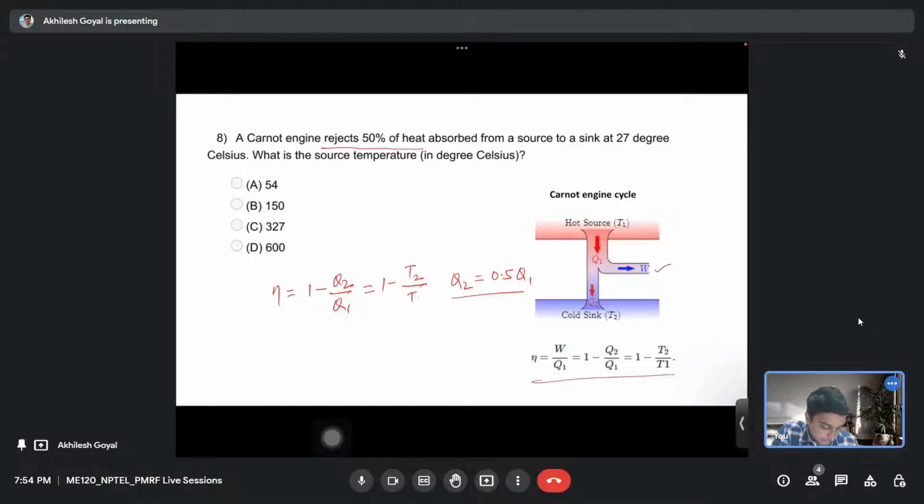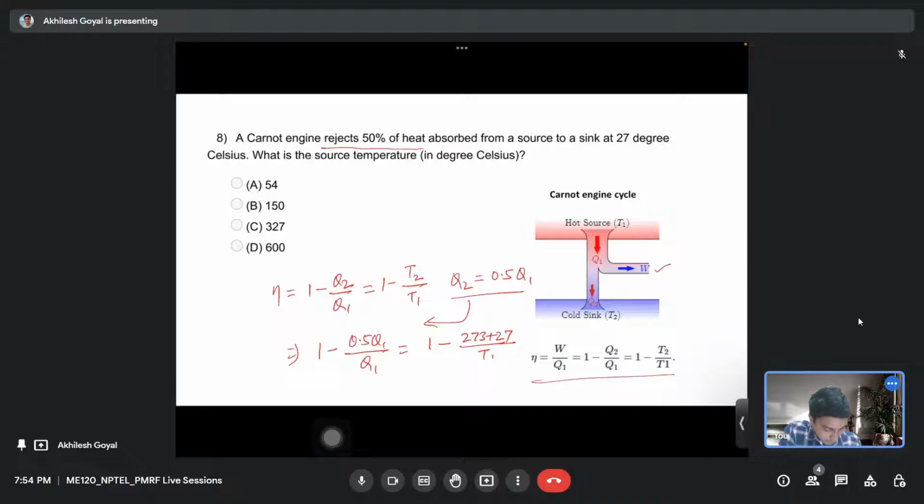So by putting these values here, 1 minus what is Q2? Q2 is 0.5 Q1 by Q1, equal to 1 minus T2. Here the temperature of the sink is given as 27 degrees, so that is 273 plus 27, in Kelvin, divided by T1.